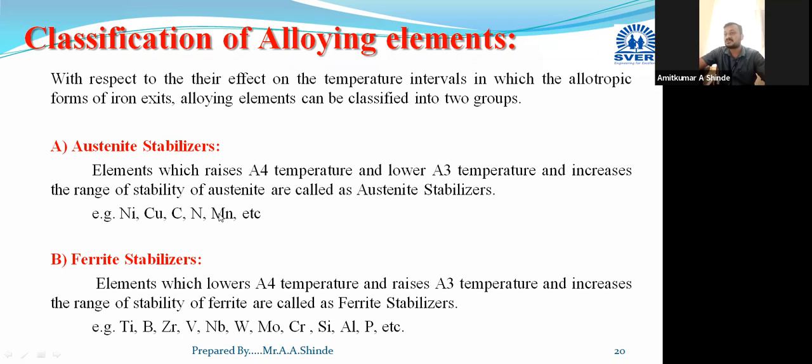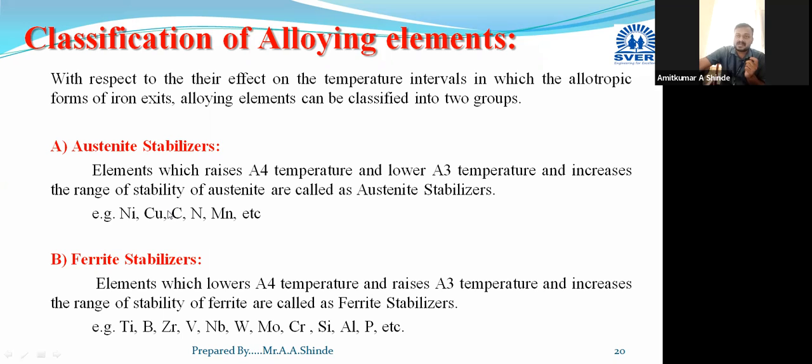We have discussed various critical lines: A0, A1, A2, A3, A4, then ACM. Different critical temperature lines are there. Then what effect they cause when they are added in the steel, depending on their effect, these alloying elements are classified in two different types, as austenite stabilizer and ferrite stabilizer.